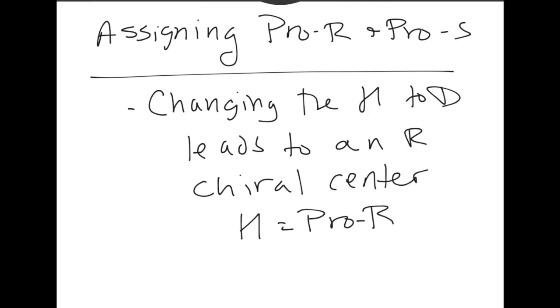So if changing your hydrogen to a deuterium leads to an R chiral center, your hydrogen was pro-R. If changing that H to a D leads to an S chiral center, your hydrogen's pro-S.